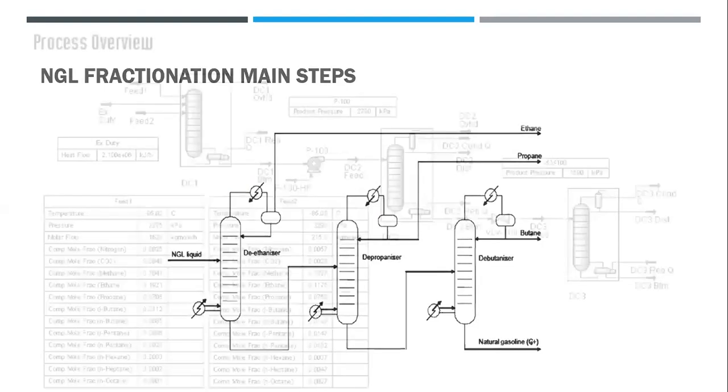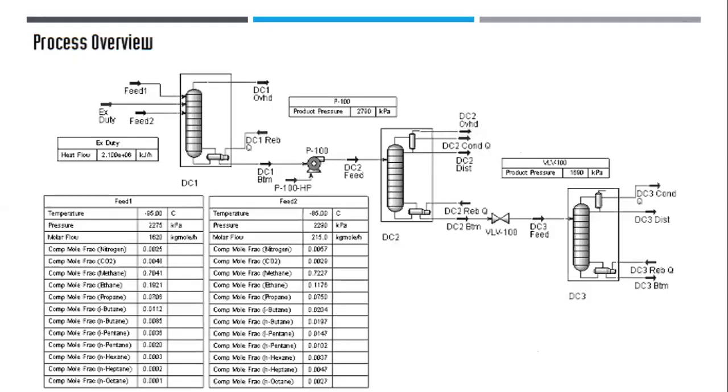Today we will give a case study extracted from Aspen HYSYS. Today we will build this typical configuration of the NGL fractionation process. As we know, the main equipment in this process is the de-ethanizer, de-propanizer, and de-butanizer, which will process the recovered natural gas liquid.